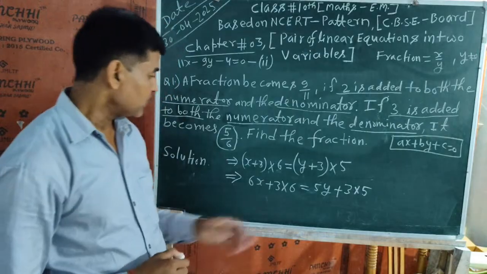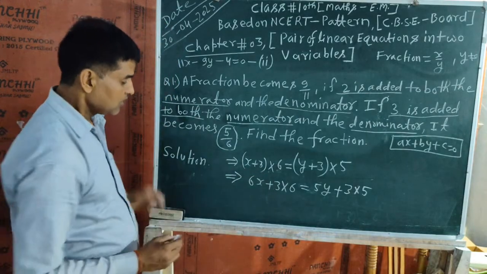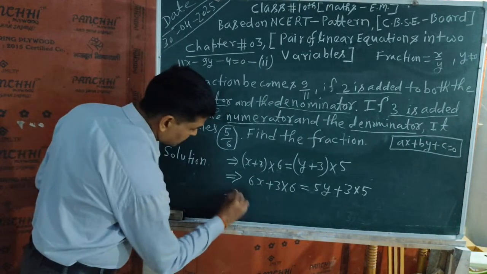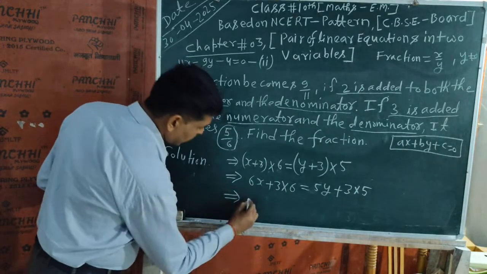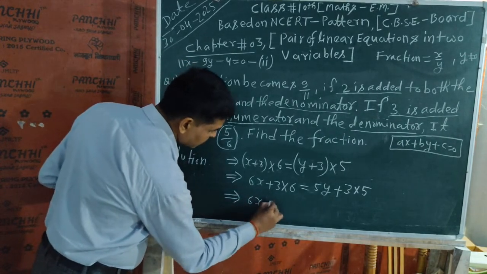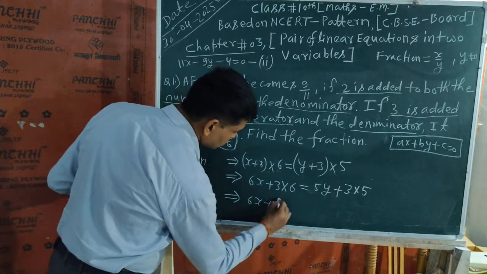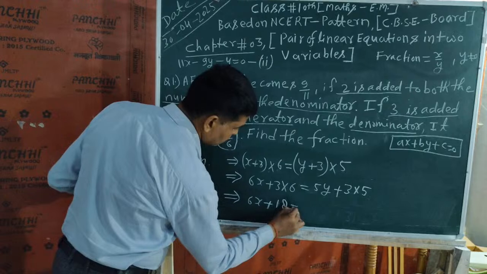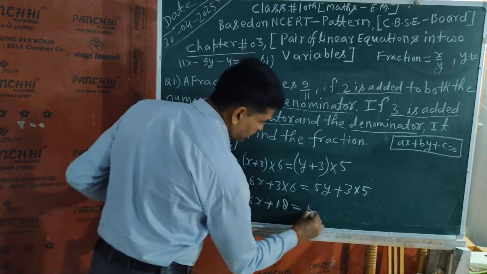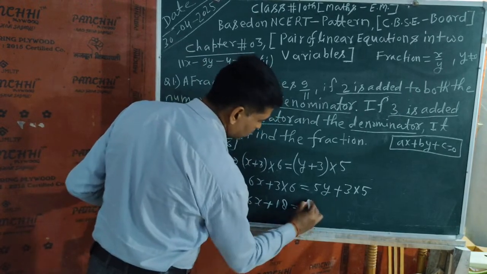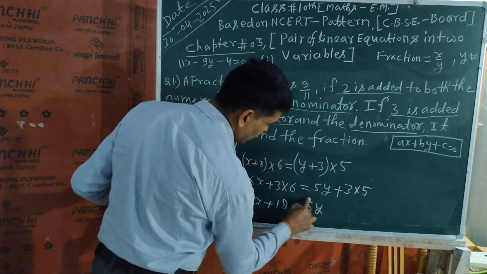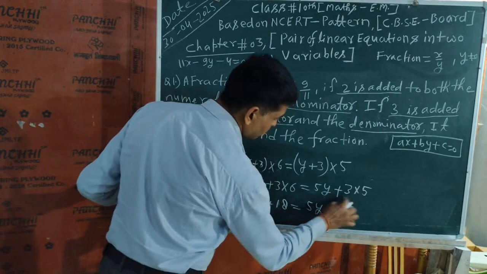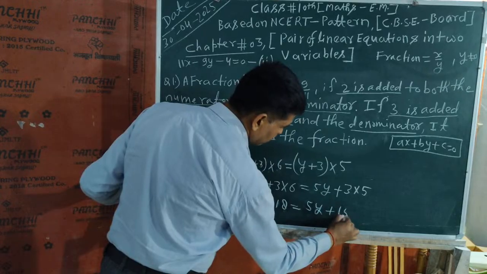Okay students, now further I am going to resolve this question. So here I can write 6x plus 3 times 6, 18, which is equal to 5y. Then 3 times 5 is 15, so here I will write 15.